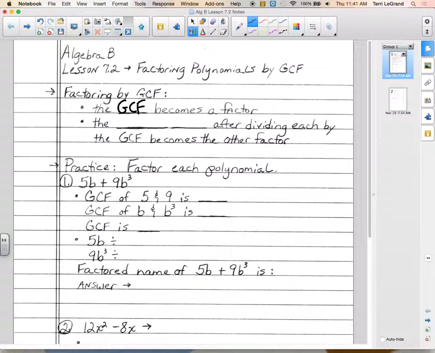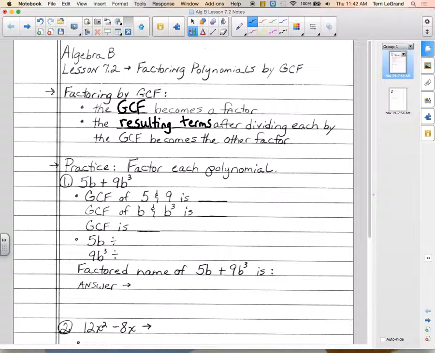And then we're going to do dividing, just like we did yesterday, but the resulting terms after dividing each of them by the GCF become the other factor.